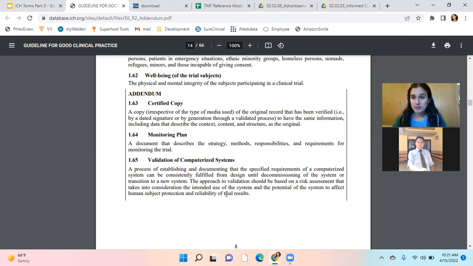And certified copy, we talked about this. While it's not the original source, not the original record, it's now basically acting in its place, and the person can certify it. The person who's uploading it says, I do certify this. This is an exact copy of the item. And so some places, when they have you upload documents into the TMF, they'll have you do a little drop down and say, I certify this copy, right?